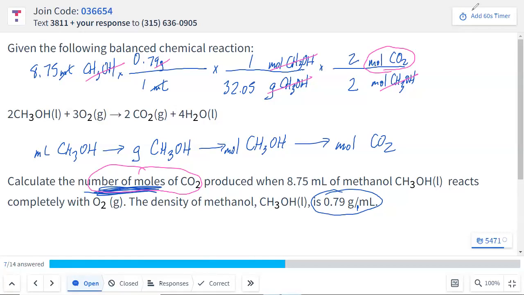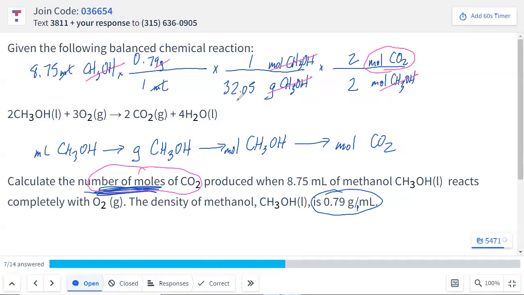All right, so you should be looking at this as far as how everything needs to fill in. The molar mass of methanol is 32.05. How did I get that? I had to add together the molar mass of carbon, of oxygen, and of 4 hydrogens in total.